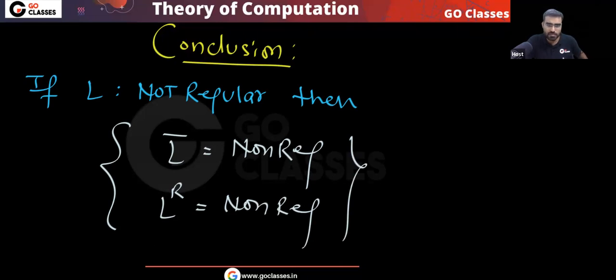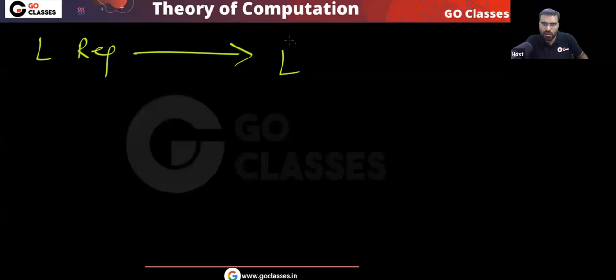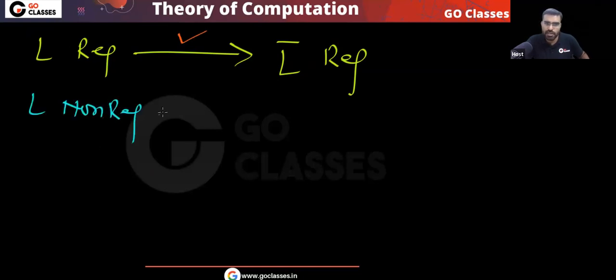If you notice one thing, you can create an if and only if statement. We know that if L is regular, then L complement will be regular. We also know that if L is non-regular, then L complement will be non-regular.